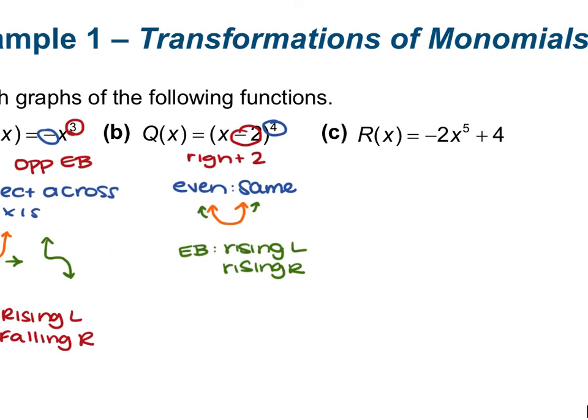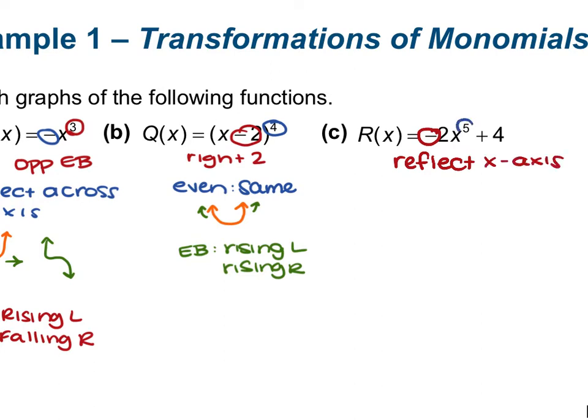For example C, we have r of x is equal to negative 2 x to the 5th power plus 4. Well, think about this. You don't even need to worry about graphing this or finding the transformations really. The only thing you have to check for is that reflection. So you see that there's a reflection here, so it does reflect. So we want to think opposite.